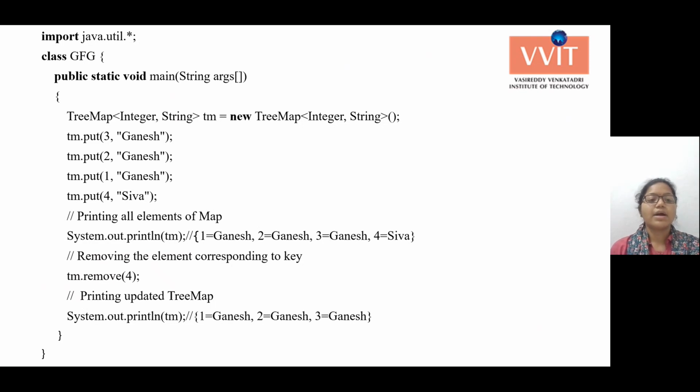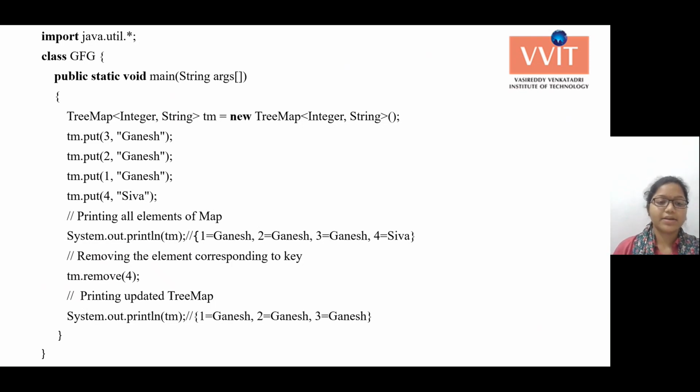Next, 2 is associated with the same value Ganesh. 1 is also associated with the same value Ganesh. See here, I am using the same value but for different keys. So let's see how it will be sorted. Next, I'm using the fourth key value pair, that is 4 as the key and its associated value is Shiva.